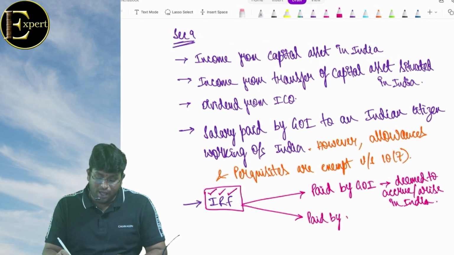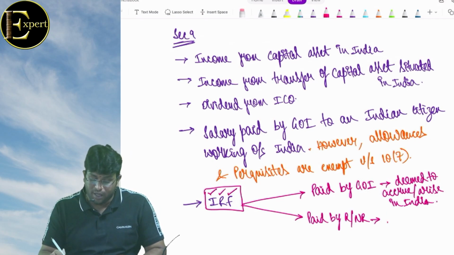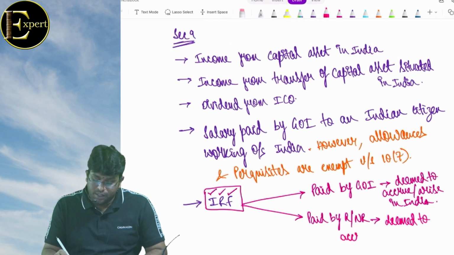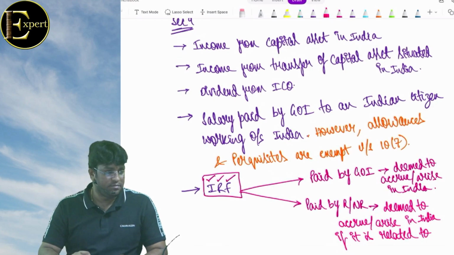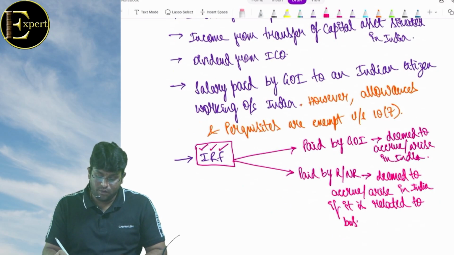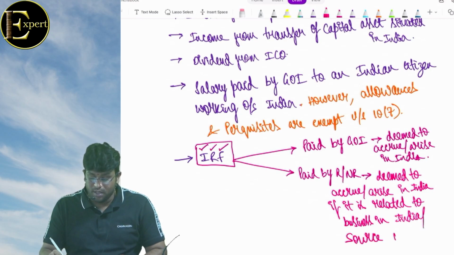And if it is paid by a resident or any other, what beta? Non-resident. This is deemed to accrue or arise in India if it is related to business in India or source in India.